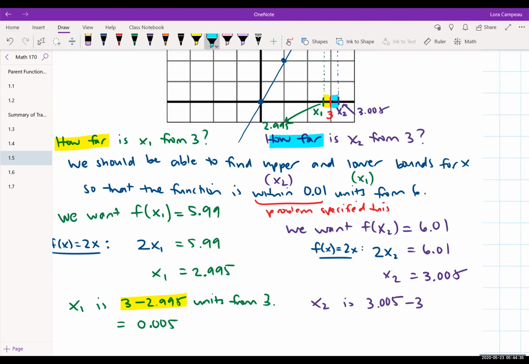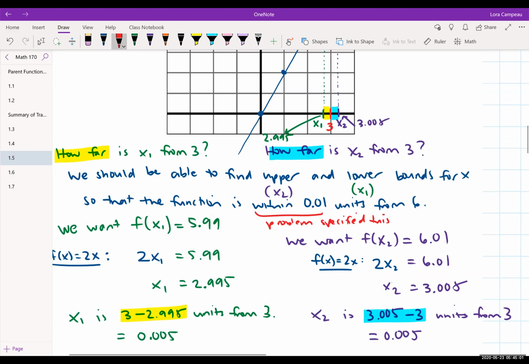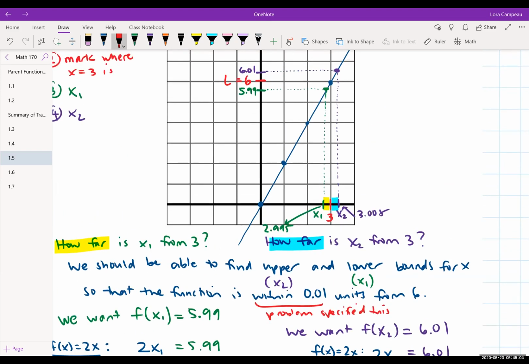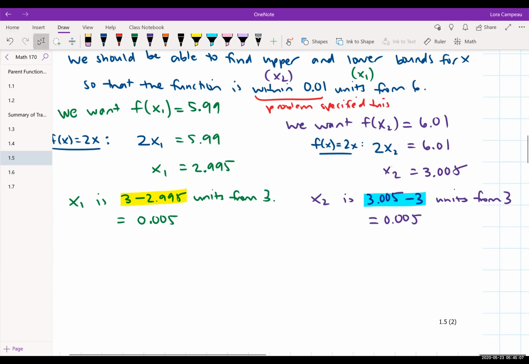So 3.005 minus 3 is the units from 3, and we find that is 0.005 as well. This shouldn't surprise us. The reason they're equal, in our case, is that f of x ends up being linear, so we have uniform distances. I'll write that down as a note.